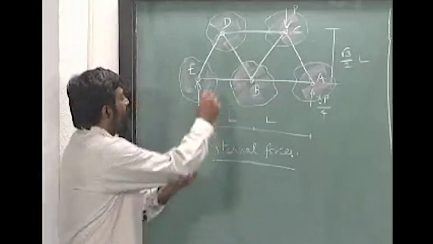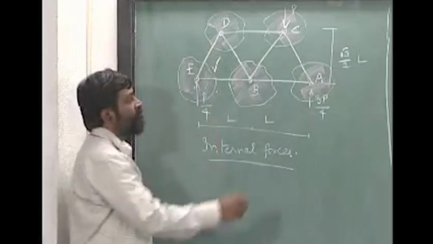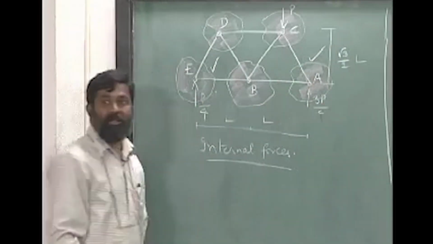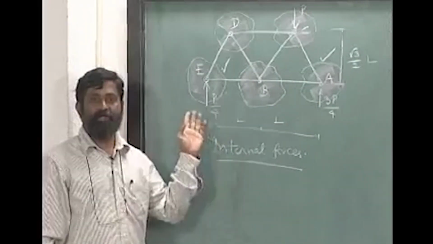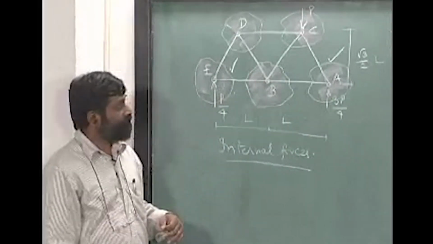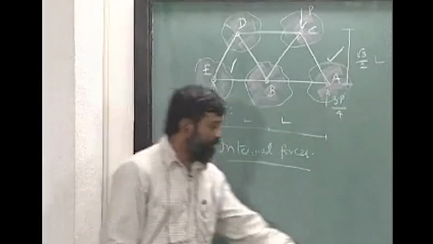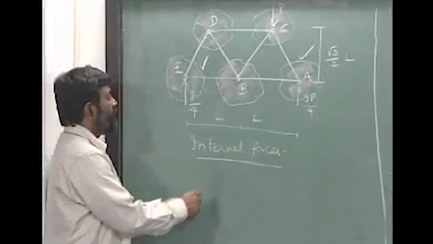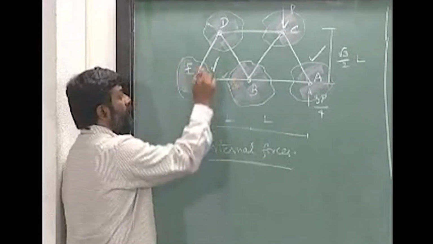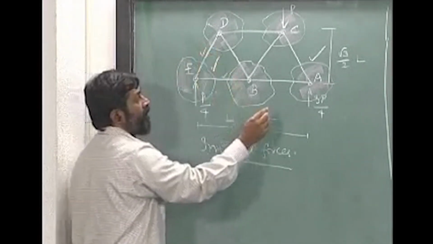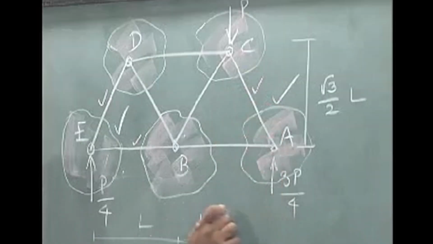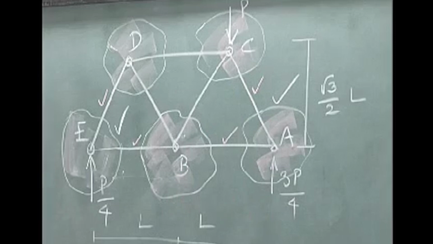What are they? E, A are the two joints which have only two member forces. From these, what will I find out? I will be able to find out BE, I will be able to find out DE, I will be able to find out AC, and I will be able to find out AB. Now, if I ask the question, okay, what next?